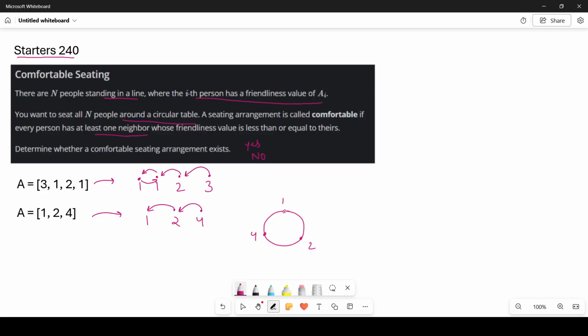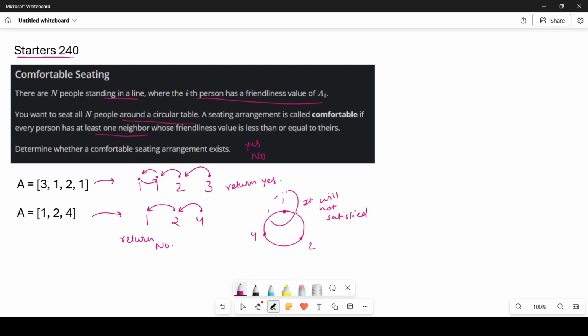And if you consider 1's neighbors, they are 4 and 2. As you see, both of them are greater than it, neither of them is less than or equal to it, so it will not be satisfied. So in this case, you should return no, and in the previous case, you should return yes.